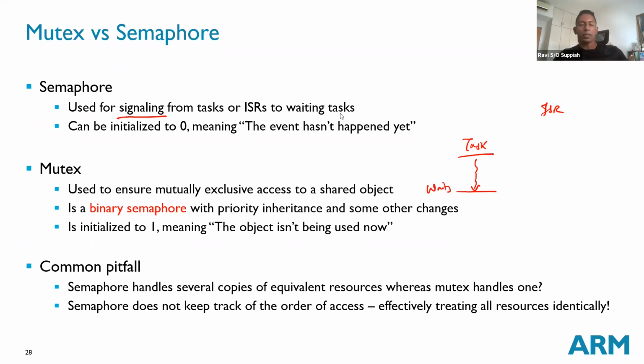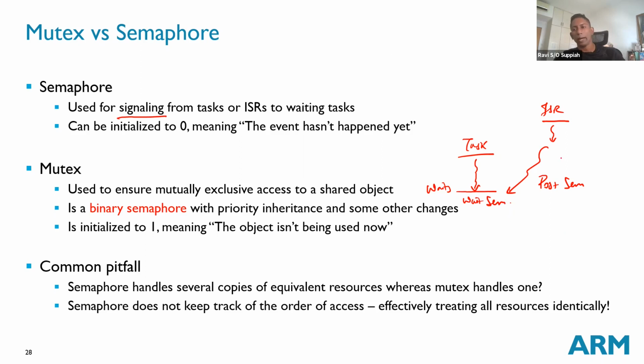There could be a case, for example, where you have a task that is running, but you do not want the task to finish everything. At some point of time, you want to wait for some event to happen, and maybe that event is triggered by an interrupt. So what an interrupt can do is when the interrupt is triggered, it can actually post a semaphore, and the task could have been waiting for a semaphore.